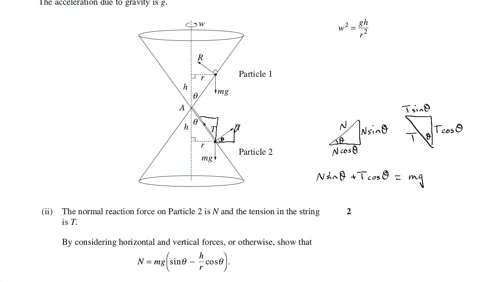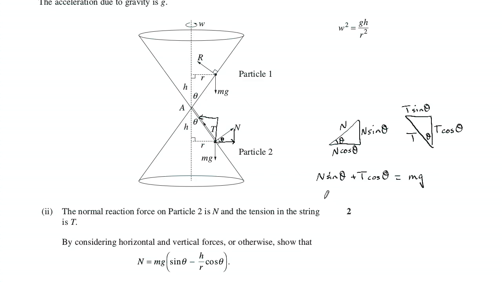And then we can look at it horizontally. The combined force of those is going to provide the acceleration for the particle, and we know the acceleration is w squared r. We have to keep in mind that the n is pushing the particle outwards, whereas the t is pulling it inwards.